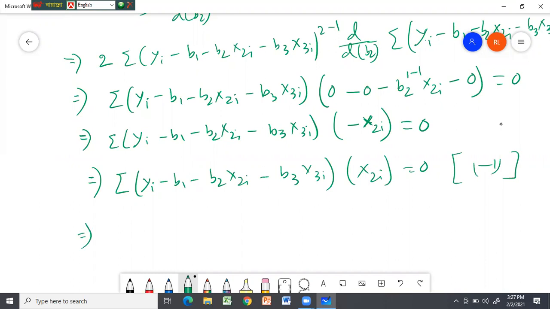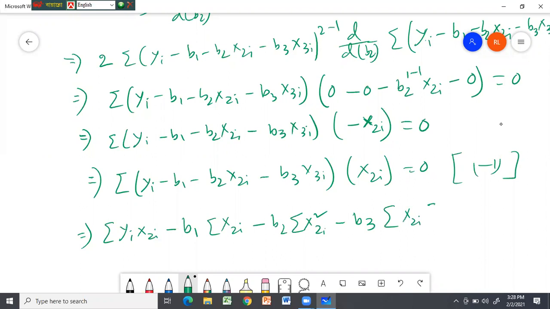So after that, you have summation of the yi x2i minus b1 into summation of the x2i minus b2 into summation of the x2i whole square minus b3 into summation of the x2i x3i, which is equal to 0.